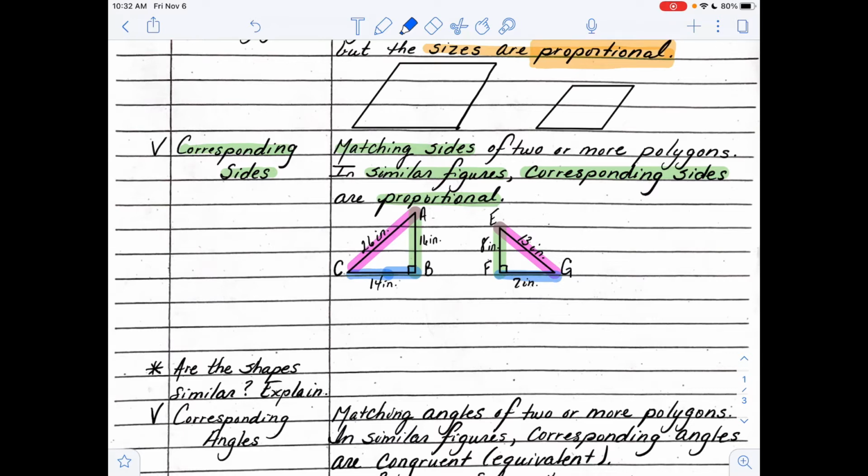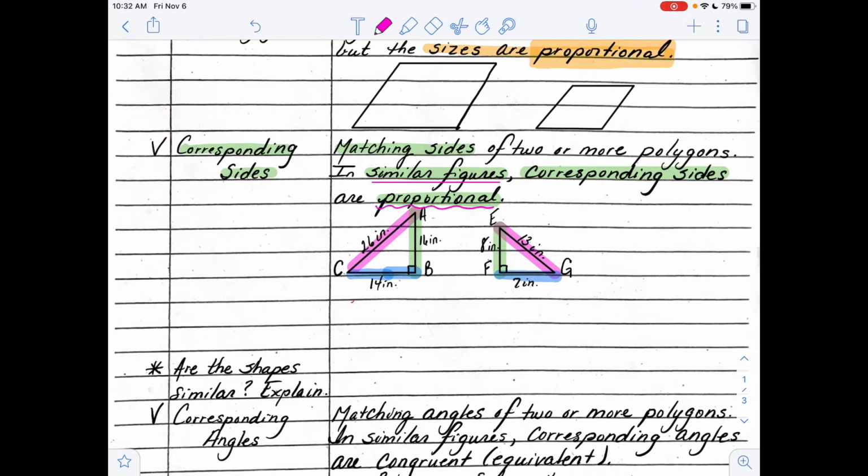But I'm not sure if this is really the exact same triangle that I just shrunk down or not. So to make sure, I know right here that it says that if they are similar figures, then the corresponding sides will actually make a proportion. So let's take our pink sides first. Let's take AC.